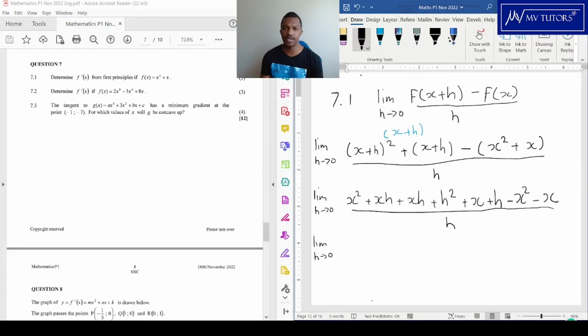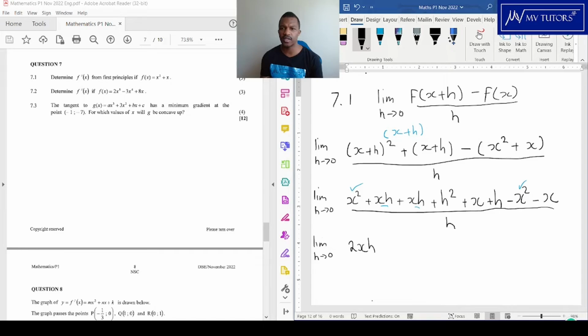Combining like terms, I've got x squared here. You can see it, this x squared minus that x squared, so that's 0. Now I've got xh plus xh, which is 2xh, and then I've also got h squared.